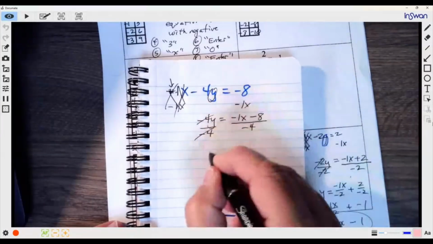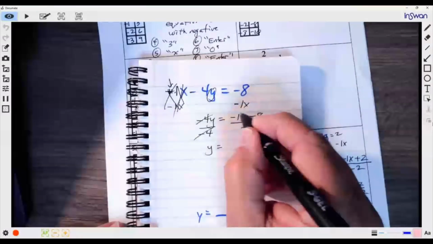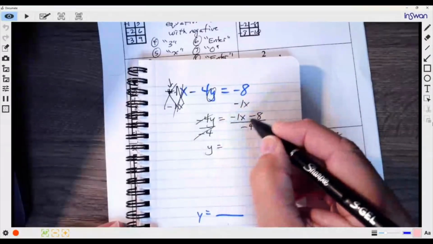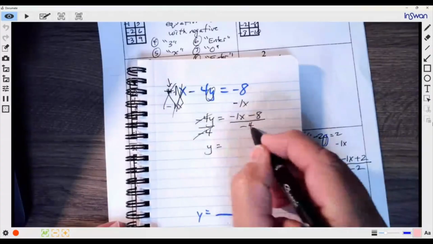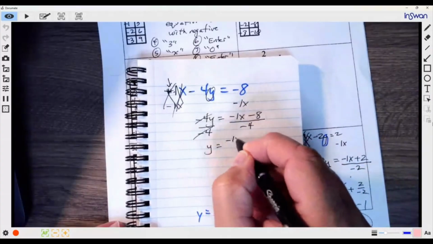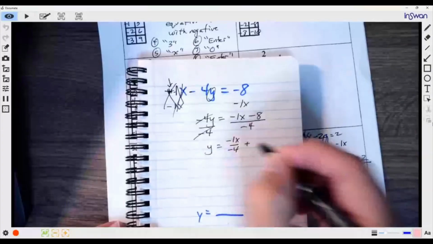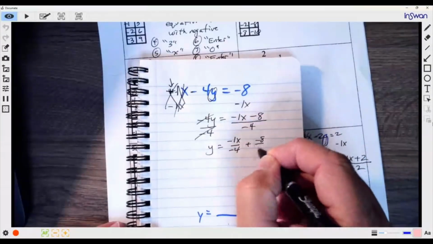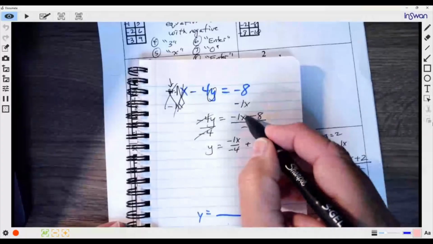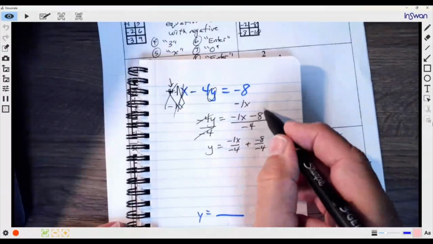The -4's divide out, we're left with y. Here, we need to break apart the two fractions. So this is -1x over -4 plus this is -8 over -4. This fraction and this fraction.